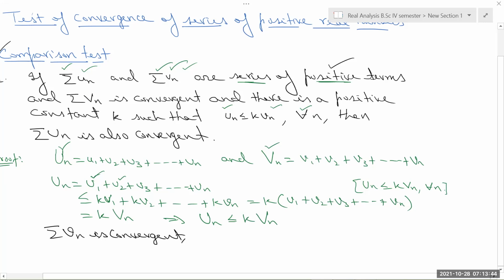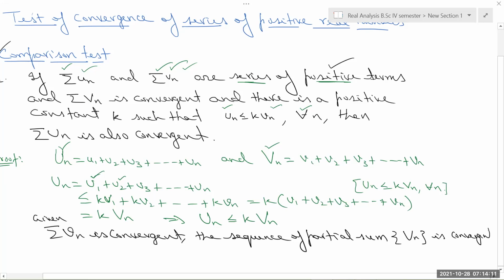So since this series vn is convergent, the sequence of partial sums, say capital Vn, is convergent and hence bounded. We have seen this in earlier lectures.